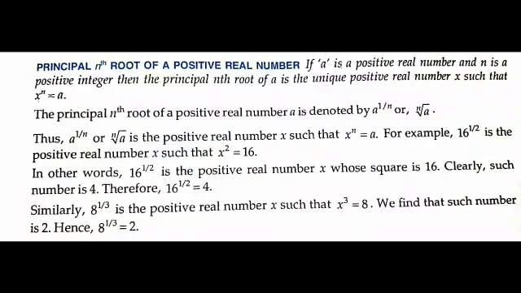So first of all, we should know the principal nth root of a positive real number. If a is a positive real number and n is a positive integer, then the principal nth root of a is the unique positive real number x such that x raised to the power n is equal to a.